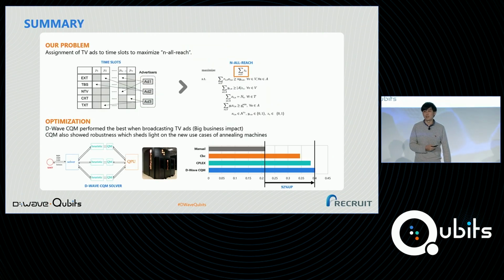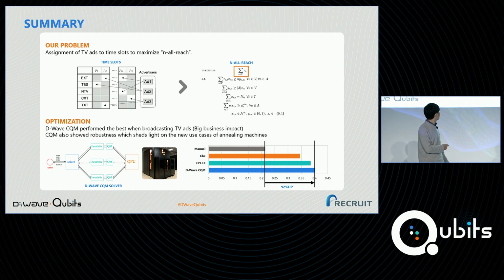So let me summarize our project. We proposed a method to optimize the assignment of TV advertising to time slots. Then we actually broadcast the TV commercials, and we evaluated multiple solvers using the actual data. And we confirmed that the D-Wave CQM performs the best.